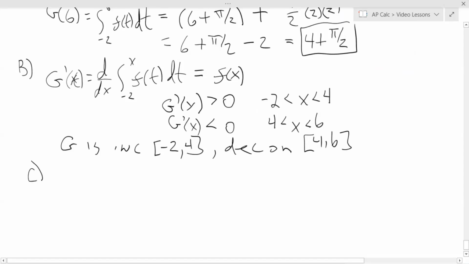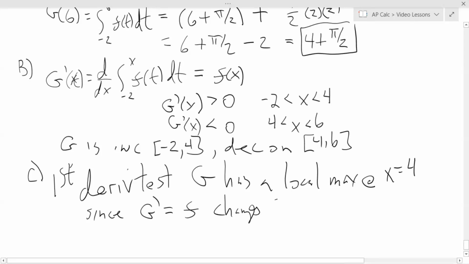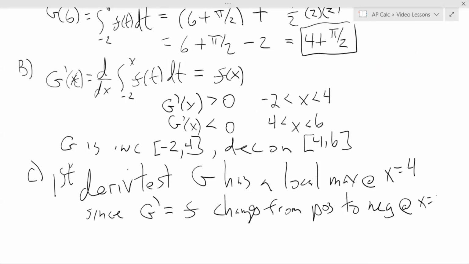So here's what we do. By the first derivative test, g has a local max at x equals 4, since g prime equals f changes from positive to negative at x equals 4.